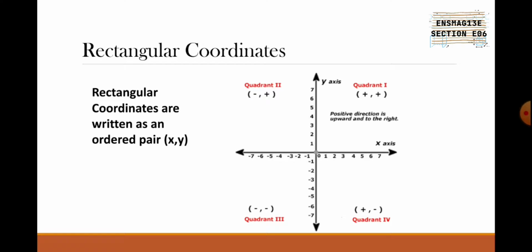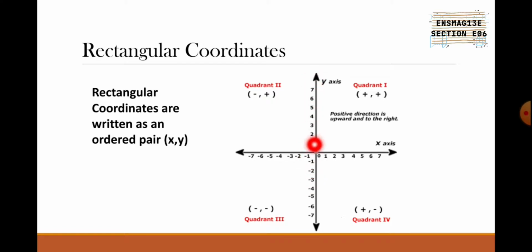Rectangular coordinates are written as an ordered pair (x, y). Your x coordinate, or abscissa, is the perpendicular distance of a point from the y-axis. So this is the value of your x coordinate. Your y coordinate, or ordinate, is the perpendicular distance of a point from the x-axis, so it is located along your y-axis.